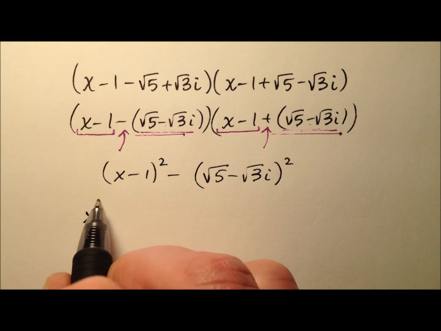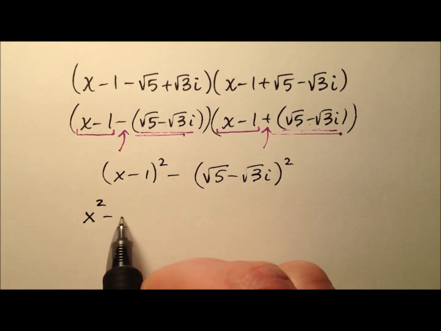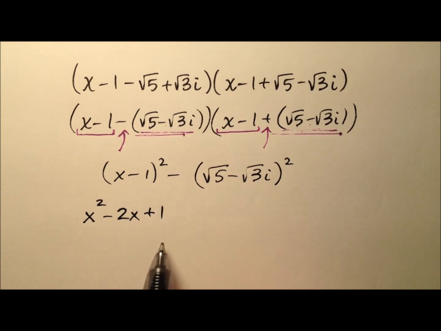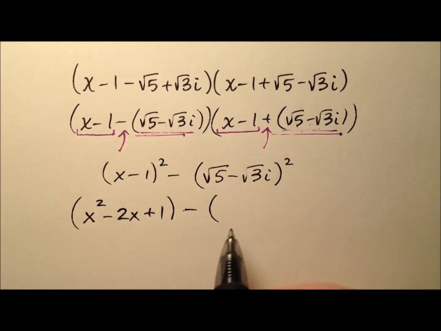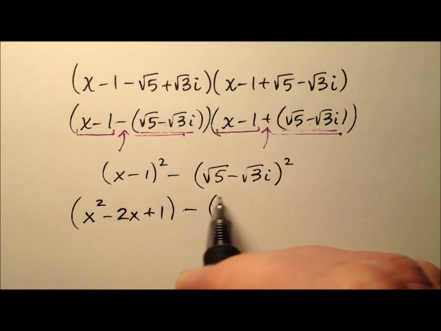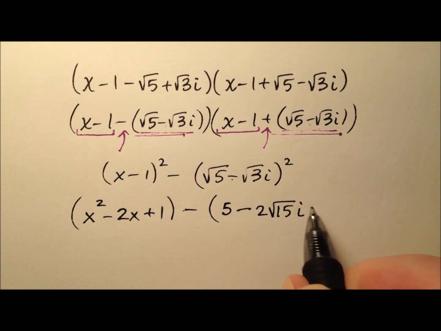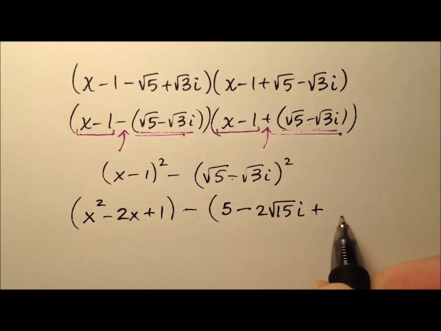It's just the square of the first, minus twice their product, so x times 1, and then plus the square of the second. And same thing, square of the first minus twice their product, and then the square of the second.